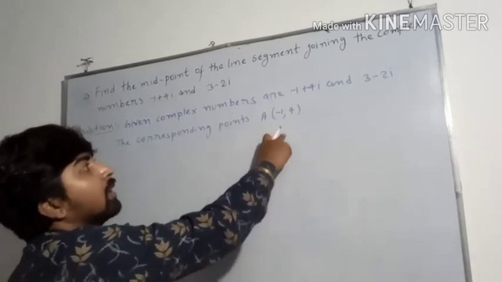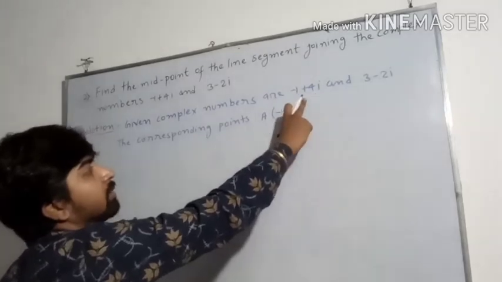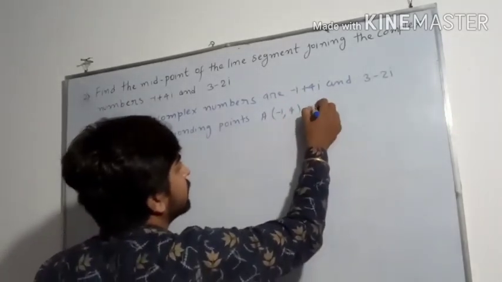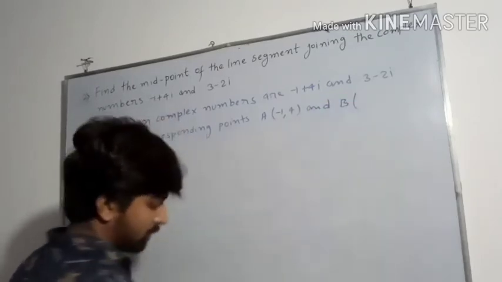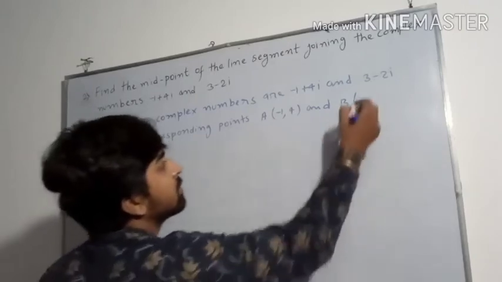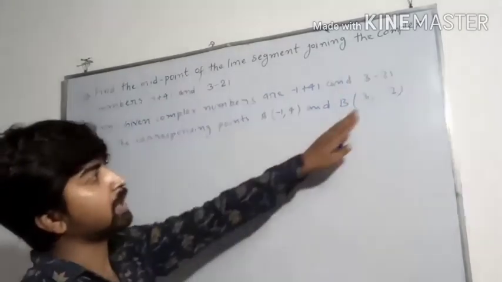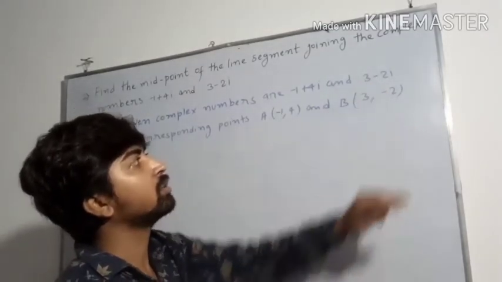Minus 1 is the real part and 4 is the imaginary part of the complex number minus 1 plus 4i, and the coordinate of point B is (3, -2). 3 is the real part and minus 2 is the imaginary part of the complex number 3 minus 2i.